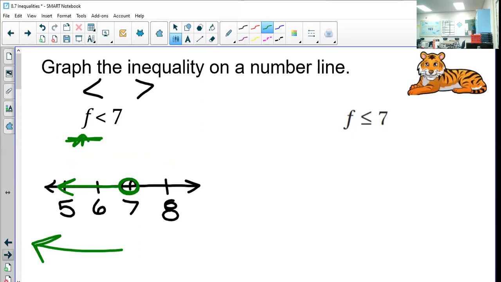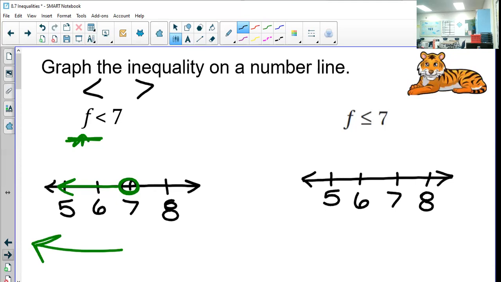Okay, now the difference you see over here is now we have less than or equal to. So let's go back to our number line. Okay, we got 5, 6, 7, and 8. Less than or equal to 7.